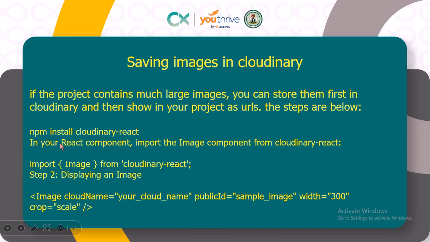Then in your project component, import the image component from cloudinary react, just like so, and display the image like so. That is if you don't want to transform the image.